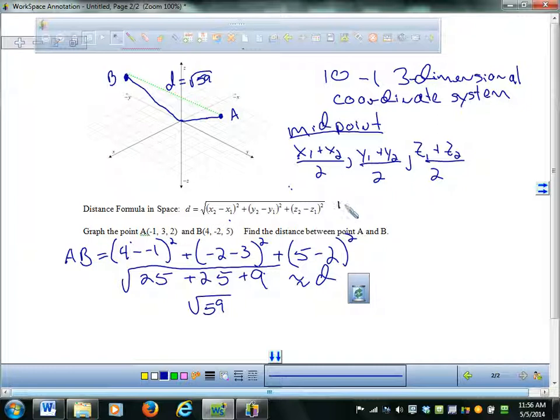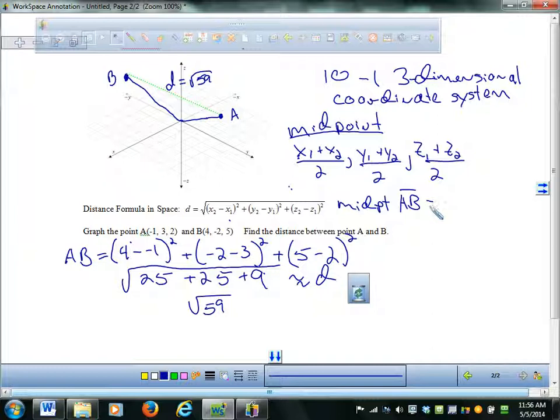So if I want to find the midpoint of AB, and I don't know if you remember from geometry, but if you put a bar on top of it, that means this segment. If you don't put a bar on top of it, like over here, that's a quantity, like a length. So when I take the bar out, that means the distance.